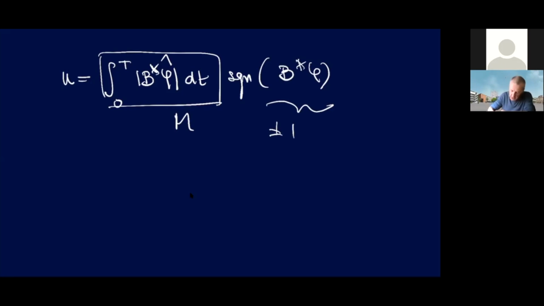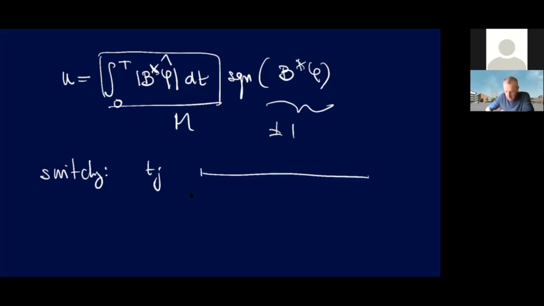Okay, but you see now, when is this switching? So the switching occurs in a number of time instances, right? In the time interval 0 to T, I don't know exactly where they are, right? There are some switchings.